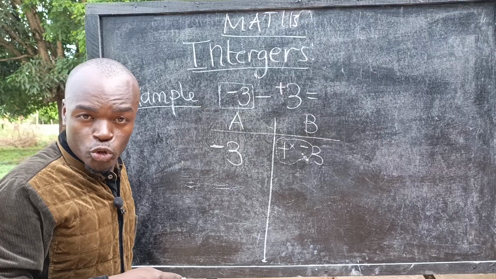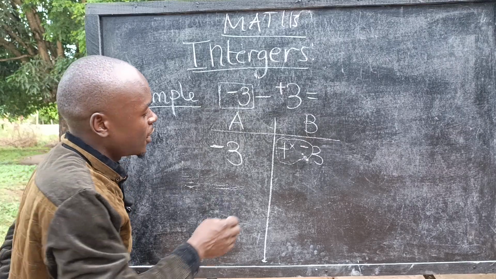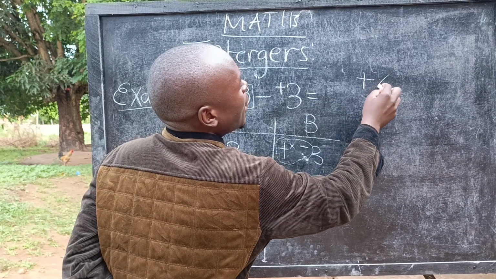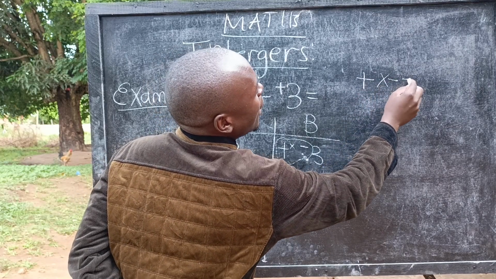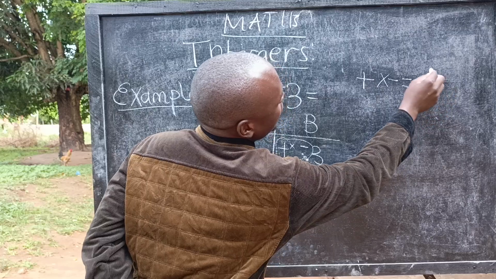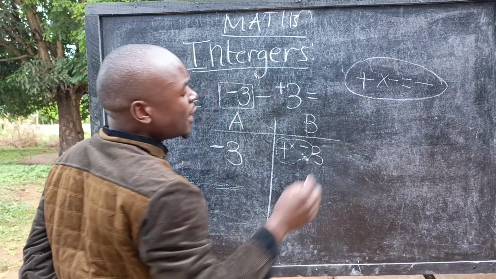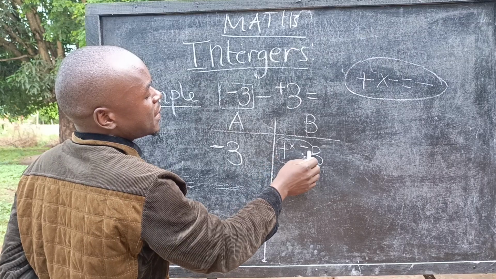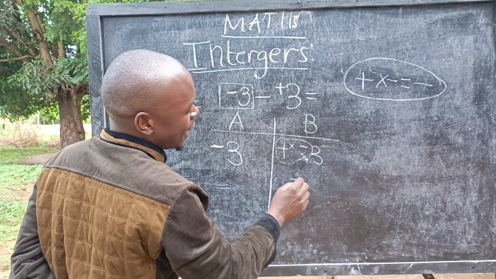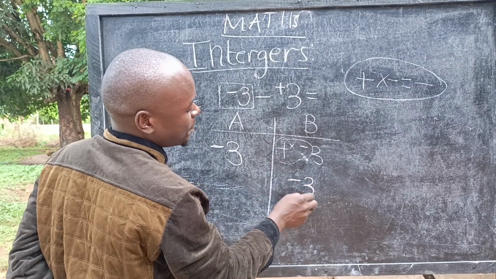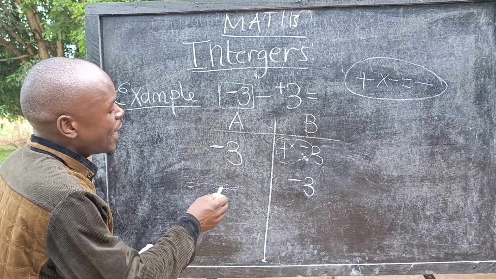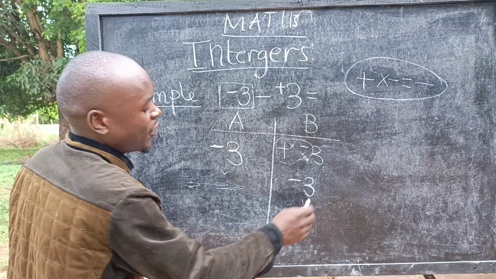Remember, I told you on multiplying integers, positive multiply negative, our answer is going to be negative. So here is negative 3. These processes will help you now to know here is negative 3 and here is negative 3.